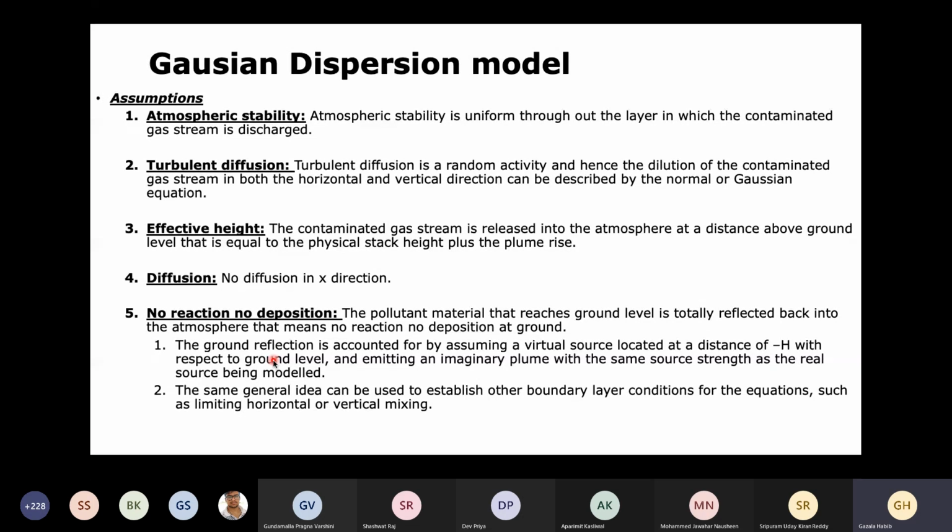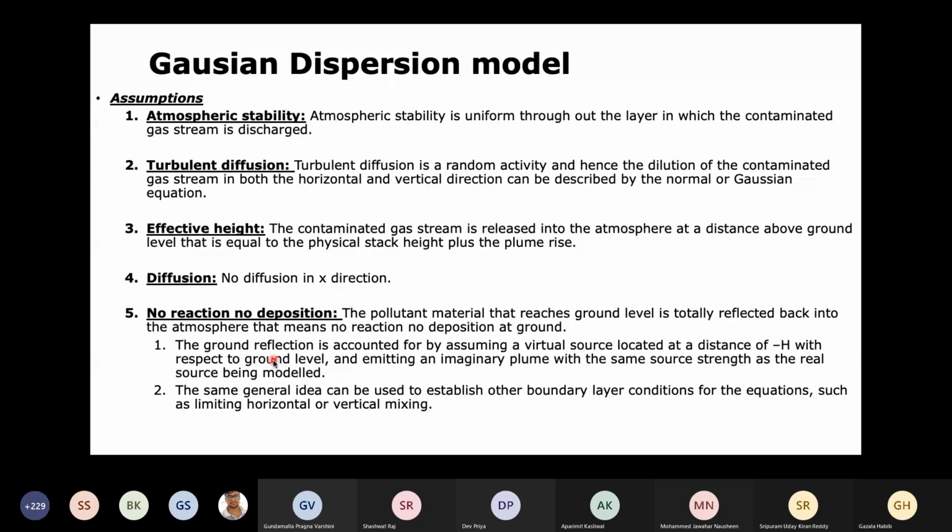There are other phenomena like transport of this pollution in the x direction, but no diffusion. It's not because of diffusion. Diffusion works when there is a difference in concentration or temperature, right?